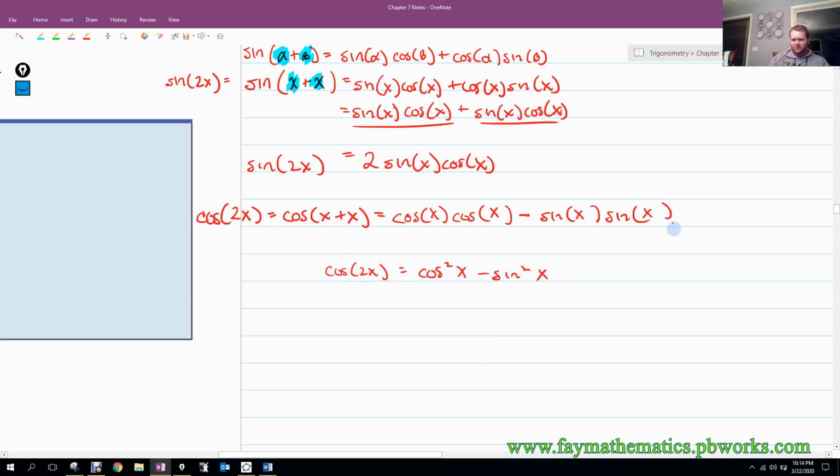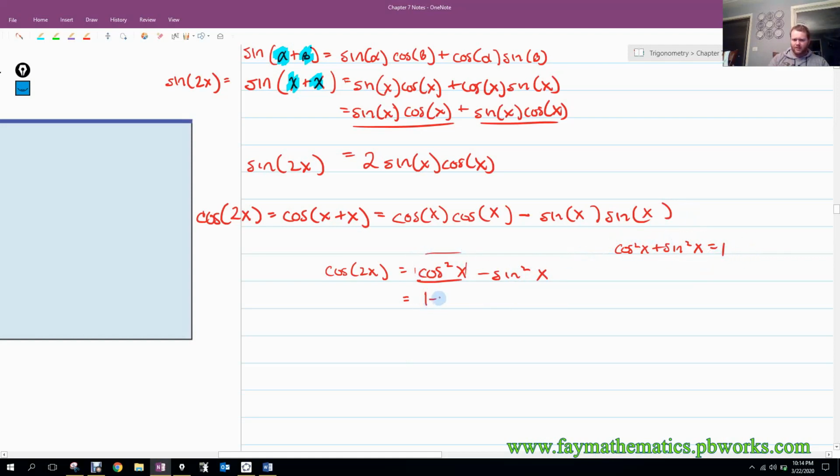And then you'll see that there are generally 3 cosine double angle formulas, or variations of it, that we can have, because remember, cosine squared x plus sine squared x equals 1. So I'm going to replace that cosine squared right there with 1 minus sine squared.